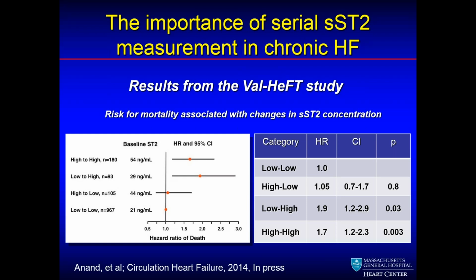Although the baseline value did not appear to be prognostic, if measured serially, in this case separated by 4 months, the patients that had a rise from low to elevated ST2 had a near doubling in their risk for mortality over just a 4-month period, whereas those patients that went from an elevated value down to a low value, their risk was actually quite low.